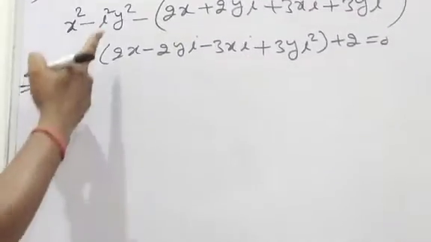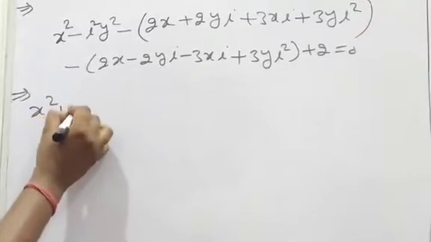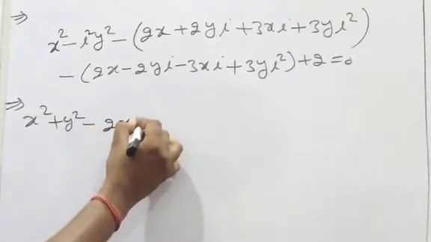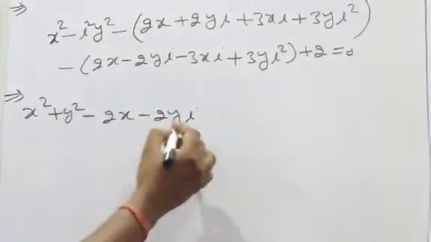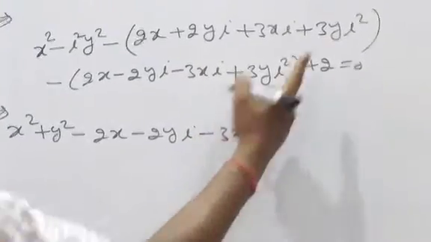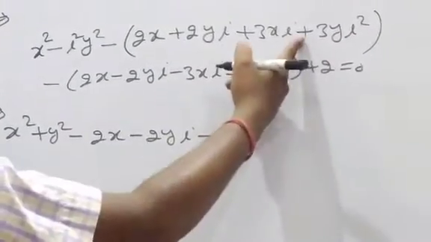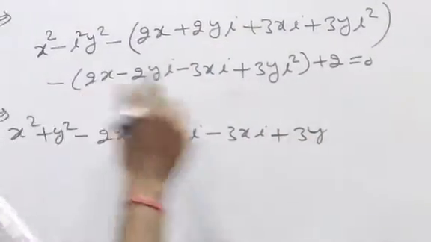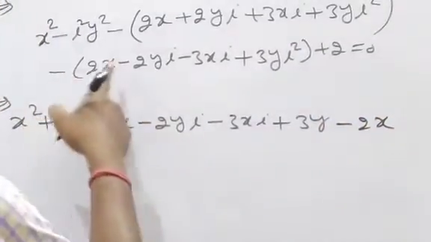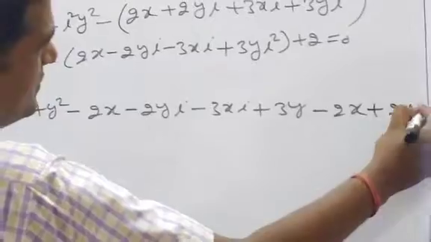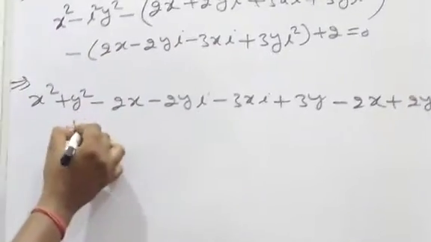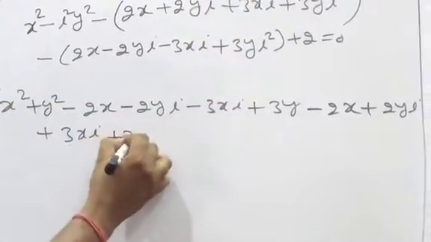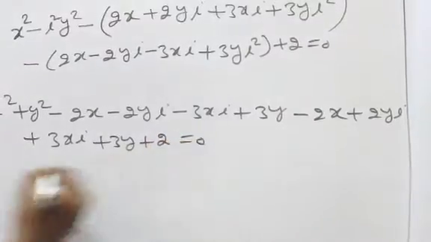Now x square, i square means what? Minus 1, means plus y square, minus 2x minus 2yi minus 3xi. i square means what? Minus into minus plus, 3y. Now minus 2x, minus into minus plus 2yi, minus into minus plus 3xi. i square means minus into minus plus sign, 3y plus 2 is equal to 0.